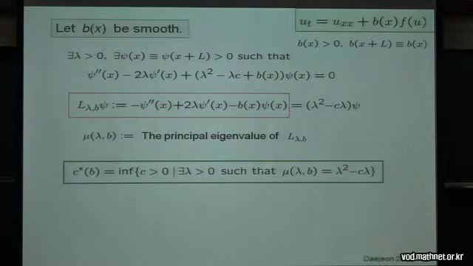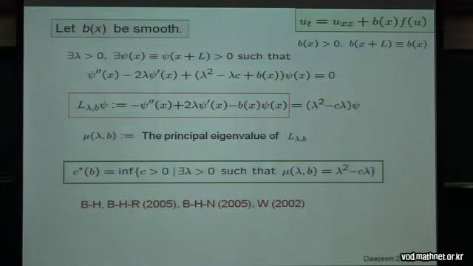But apart from this difficulty, one has reached the characterization of the minimal wave speed in terms of the eigenvalue of this operator. And this is studied in Berestycki-Hamel and Berestycki-Hamel-Roques or Nadirashvili, Weinberger.